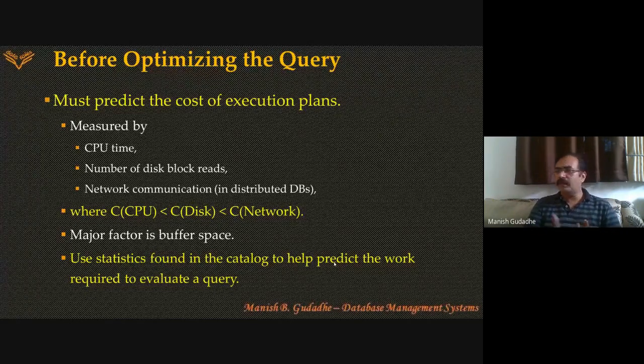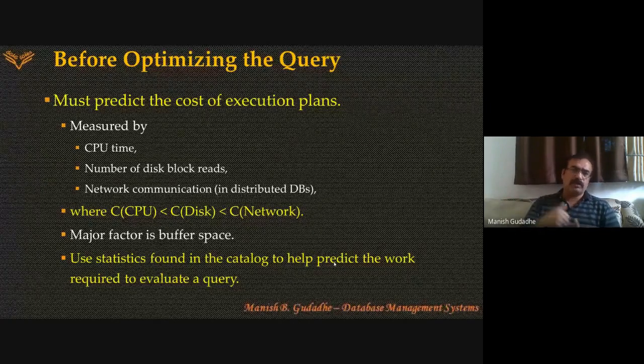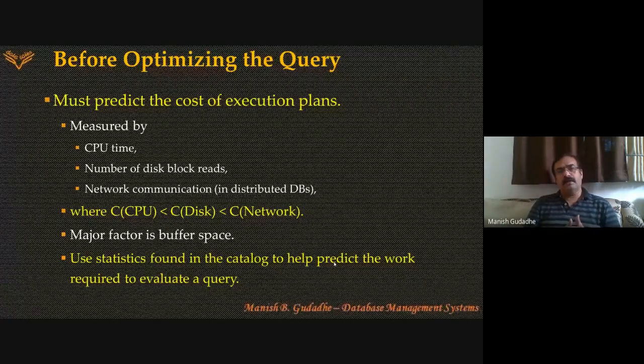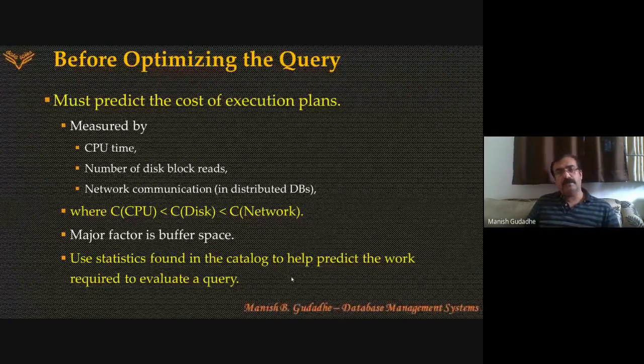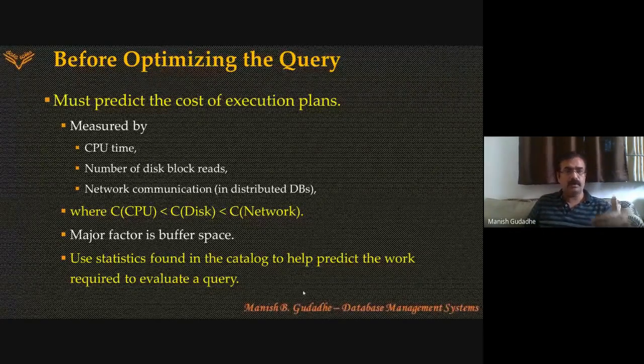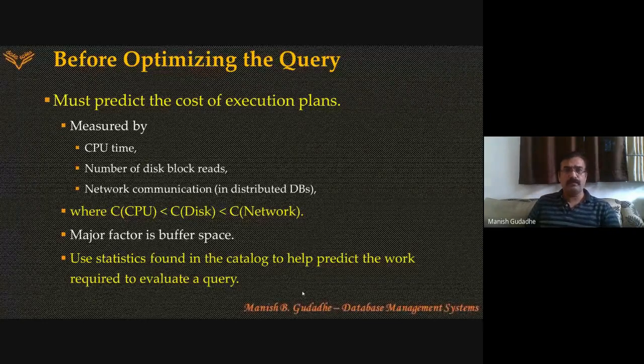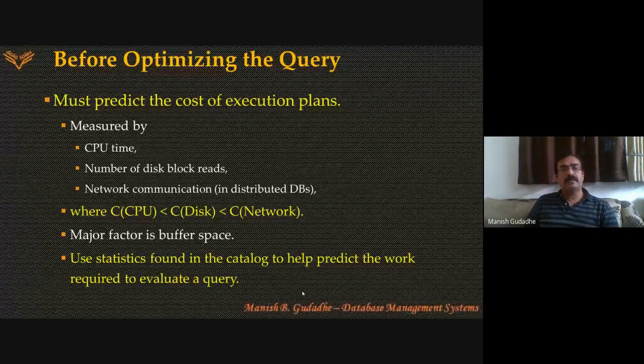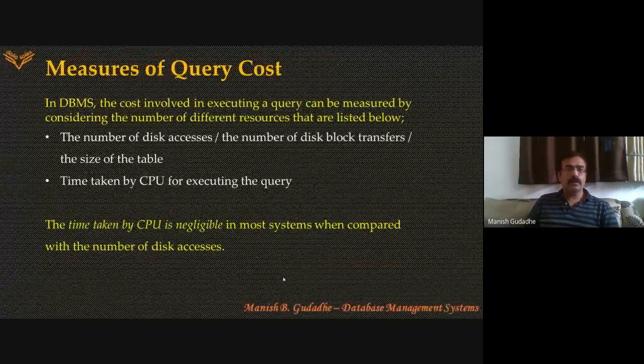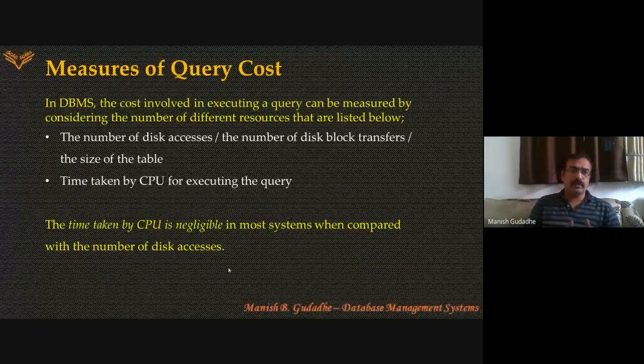That will tell you which relation has how many tuples, which operation is going to consume more time, or from where you'll have to fetch the data if it is a distributed system. All these things will be informed to you through the statistics of the data. So what are the measures of query cost?